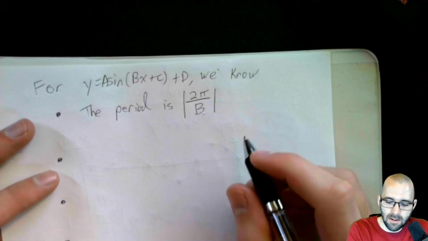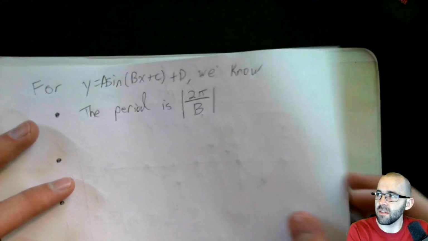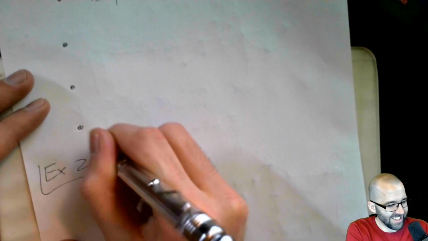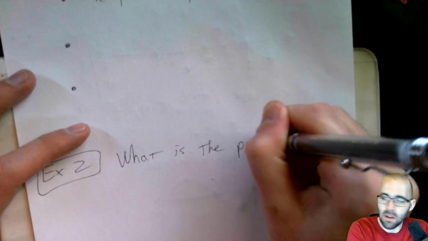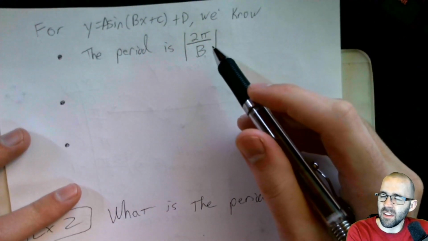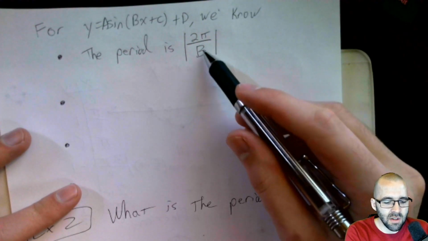Okay? So let's do some examples. Part example 2. English is fine. What is the period? So again, don't worry too much about this formula. I think memorizing 2 pi divided by b is maybe not so easy.